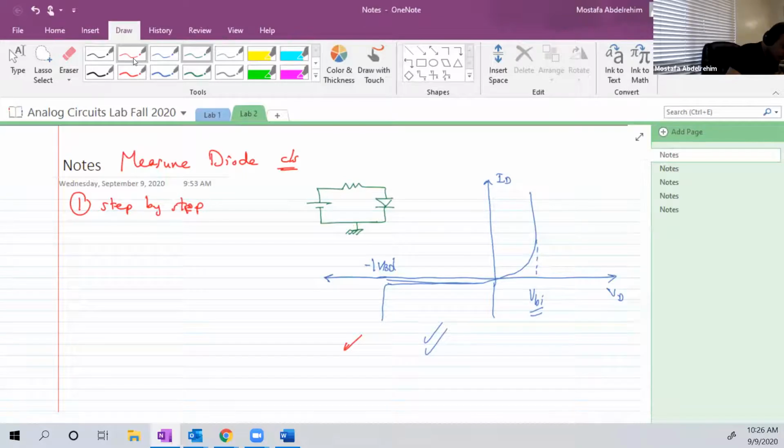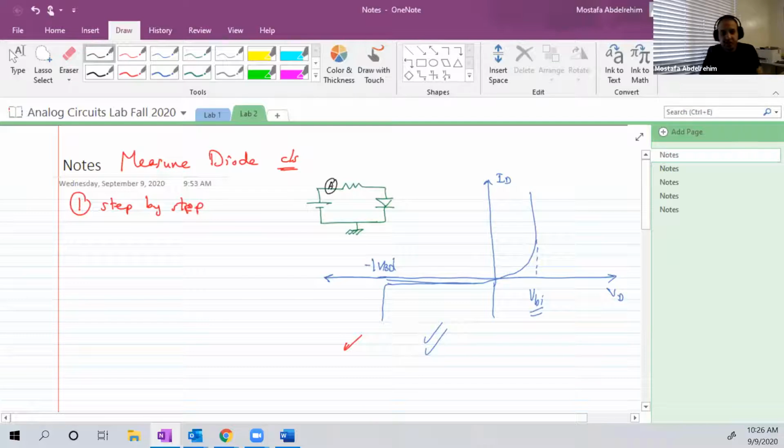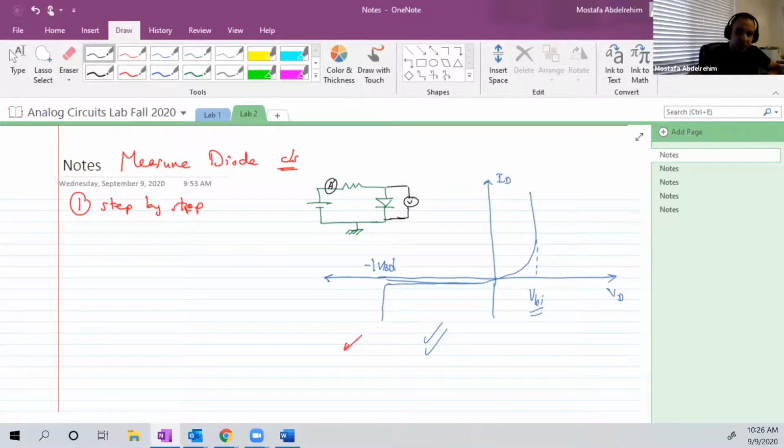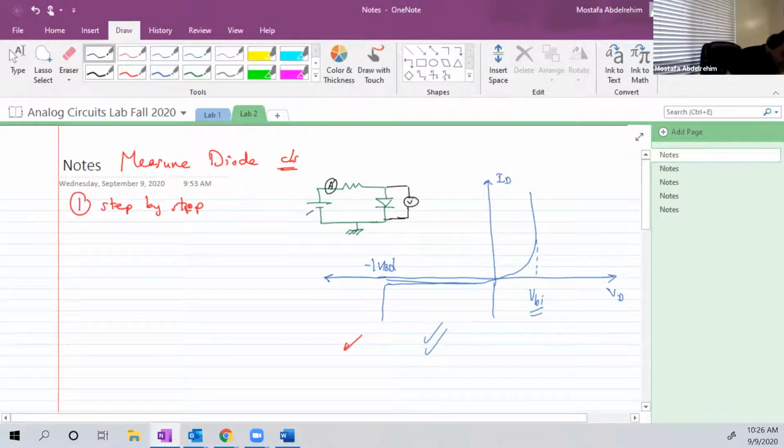We need a meter in series with the diode and a voltmeter, or multimeter, whatever, and just change the input voltage of the battery.